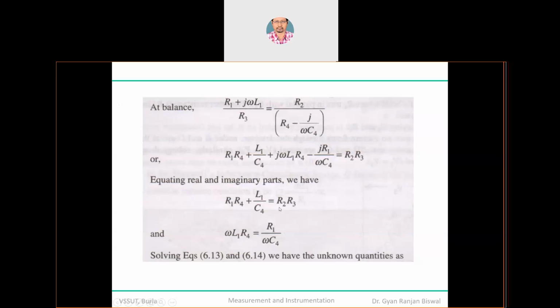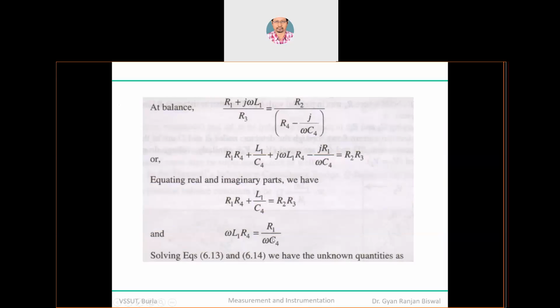So if you substitute these values over each other, you can get the value of L1 and R1 in this particular form. Remember, your Q factor is 1 upon omega RC. In the balancing condition, you can achieve this in terms of the inductance RL circuit only. In that case it is omega L by R, or using the LC circuit form, it is 1 upon omega LC.